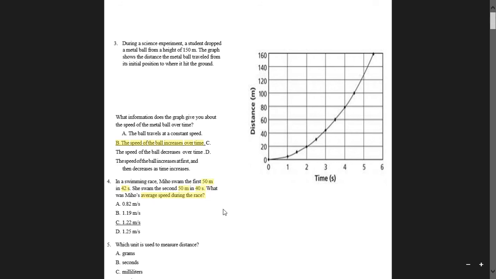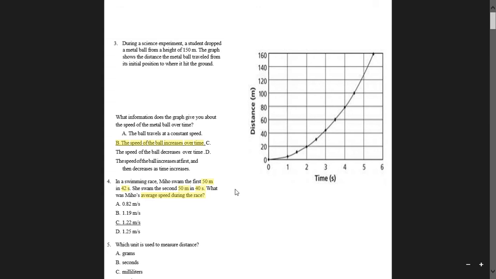We say that average speed equals total distance divided by total time. So you can calculate the average speed by adding the distances together. 50 plus 50 equals 100.